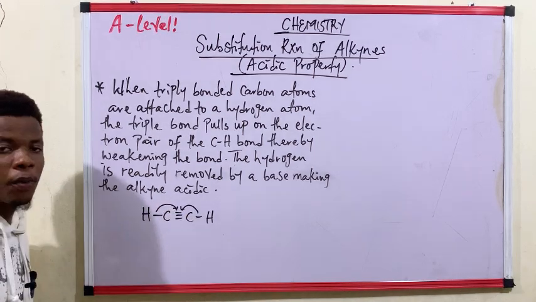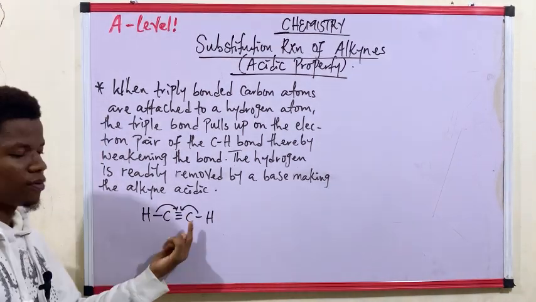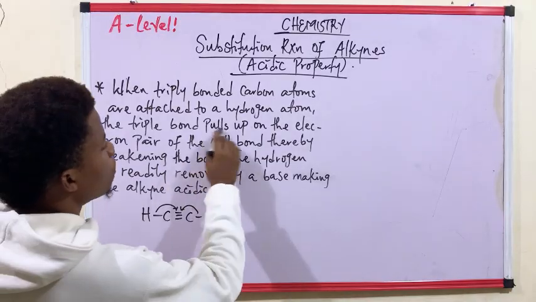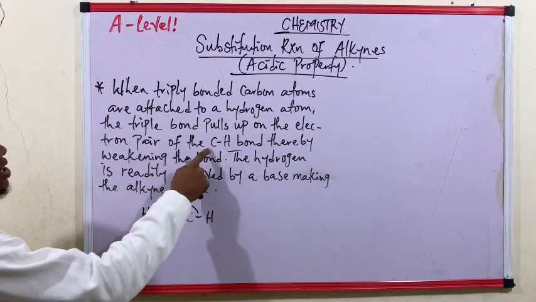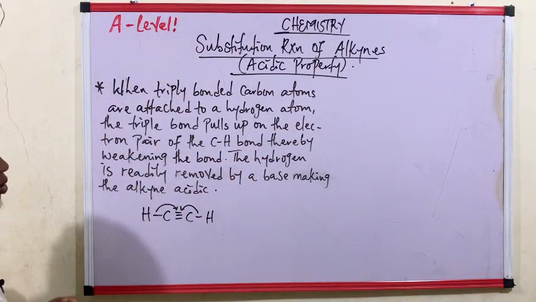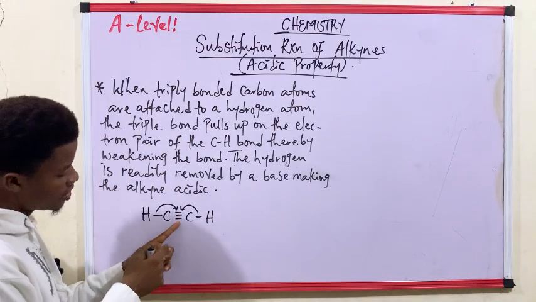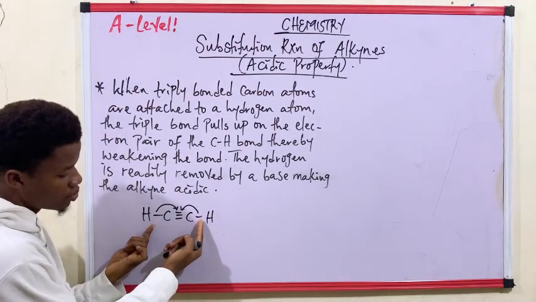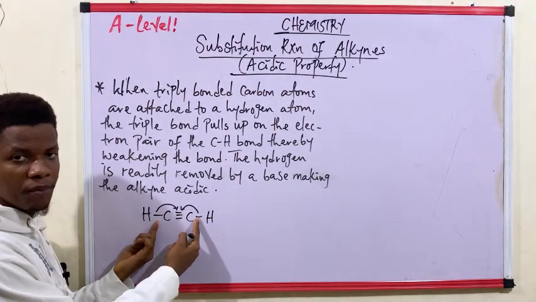The triple bond tends to pull electrons. You can see it pulls the electron pair of the CH bond. So this triple bond is pulling electrons from here and from here.